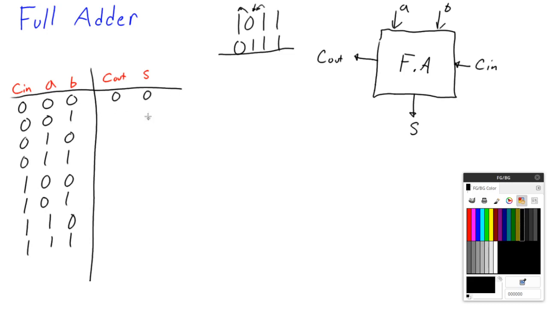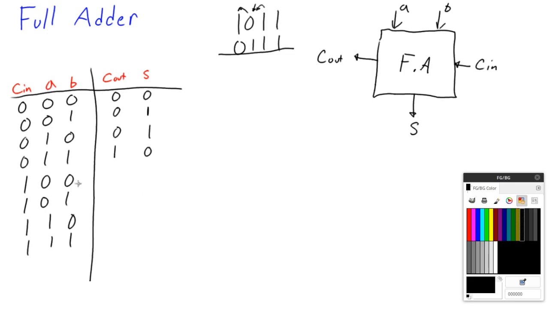So our sum, which is our least significant bit here, is 1 and C out is 0. We don't have a carry there. This next one is the same case. Now we've got two 1s added together. Two 1s is going to generate a carry with a sum of 0.